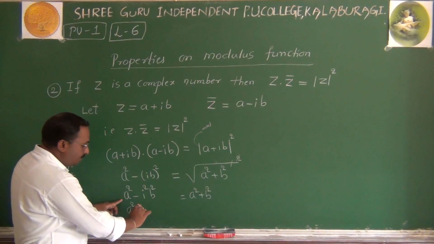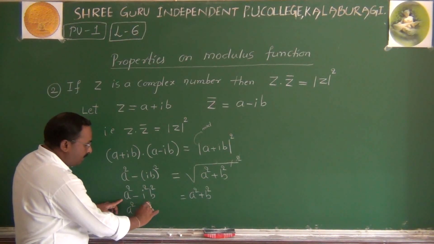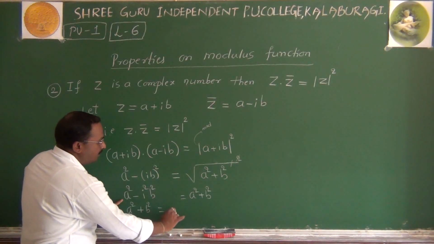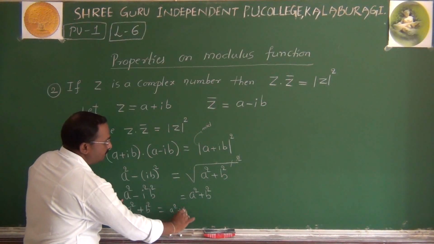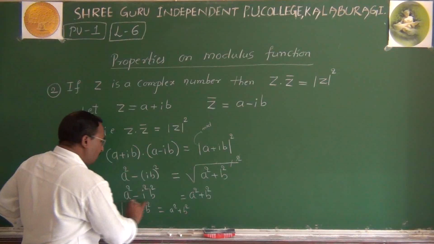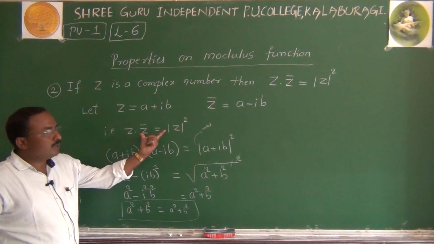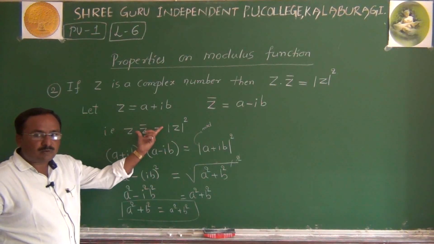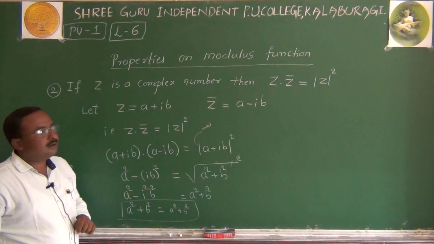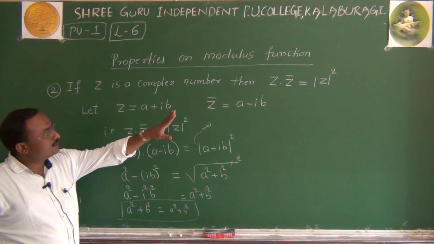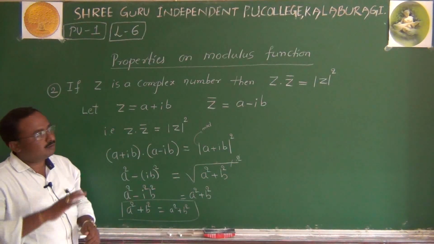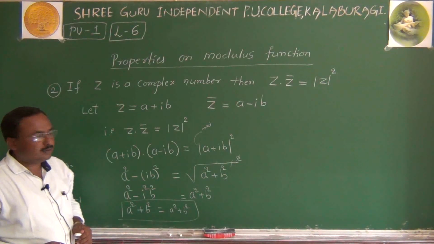Minus minus plus gives B square, so A square plus B square. LHS is equal to RHS. Verify this property. Any doubt? That is, Z into Z bar is equal to modulus of Z whole square.